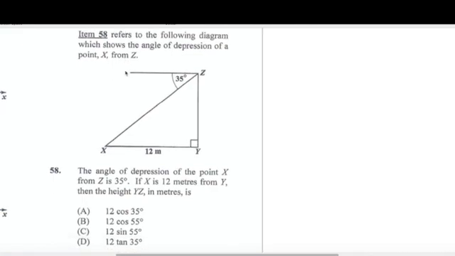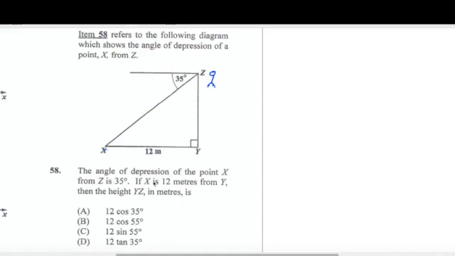Number 58 refers to the following. We see here a right angle triangle, and we're talking about an angle of depression of a point X from a point Z. So you're standing up here, and this is eye level, and this is how much you have to look down in order to see X. So the angle of depression is not measured from here, it's actually measured from horizontal eye level, right?